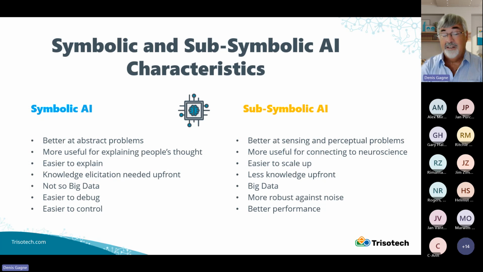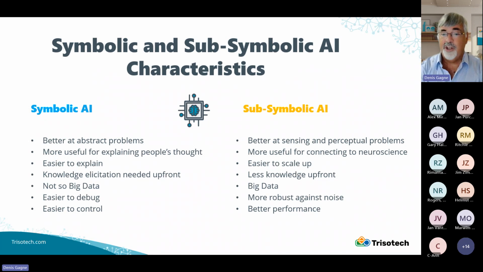While subsymbolic has been much better at sensing and perception, and more useful for connecting to neuroscience if you're studying neuroscience, it's easier to scale up. And that's the big thing, and we're seeing it now. It's much easier to scale up, with less knowledge up front.